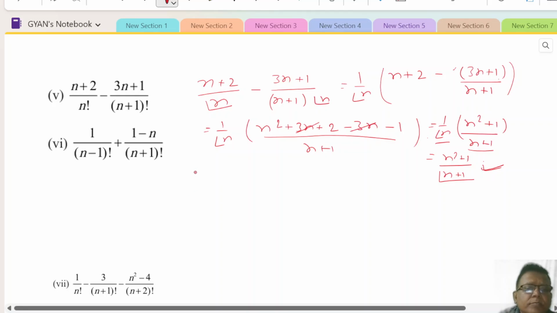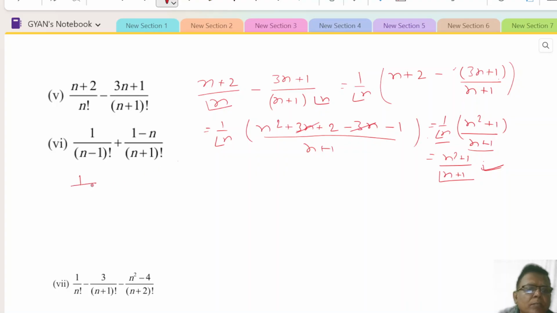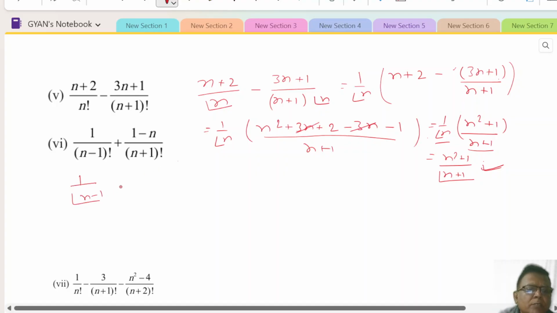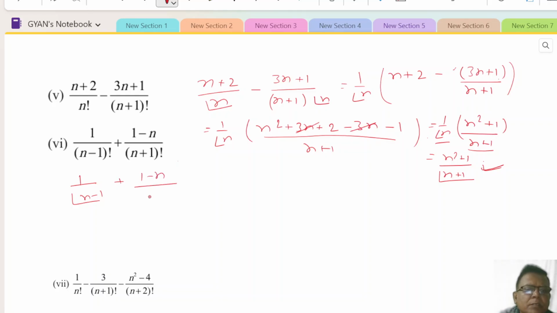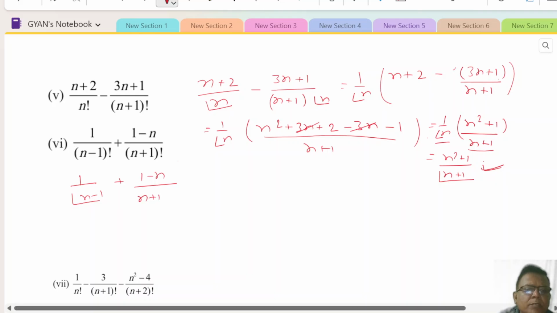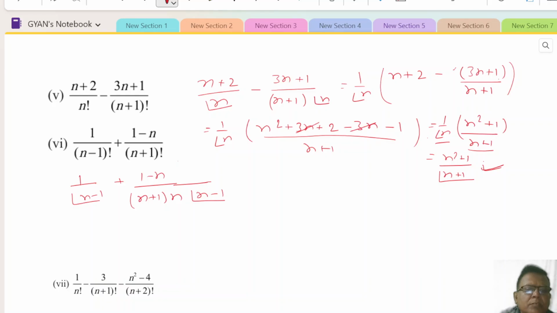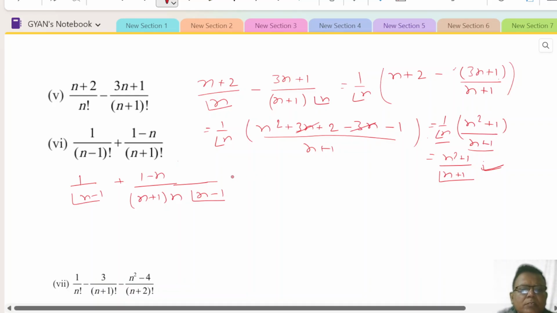Here 1 by factorial n minus 1 plus 1 minus n divided by n plus 1 into n into factorial n minus 1. So now equal to 1 by n.